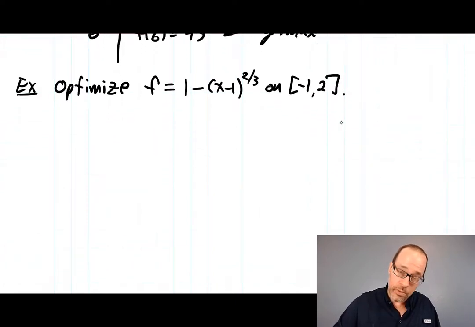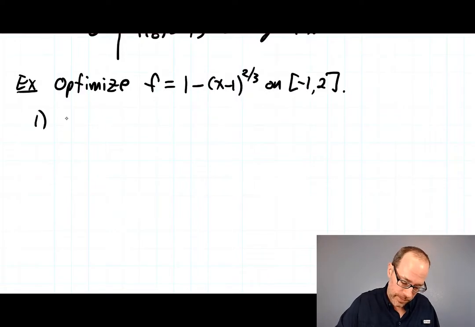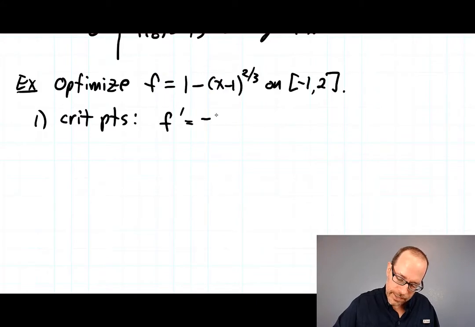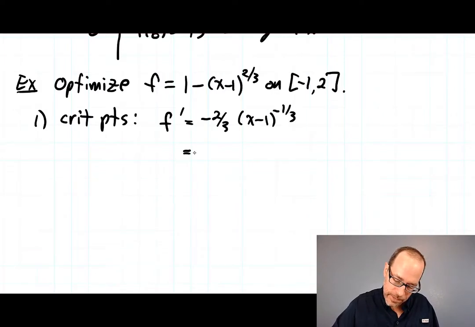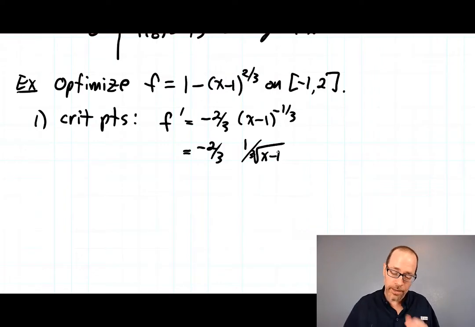All right, so we need critical points. That means we have to calculate the derivative. So the derivative will be minus 2/3 times (x minus 1) to the minus 1/3. So that's minus 2/3 times 1 over the cube root of (x minus 1).